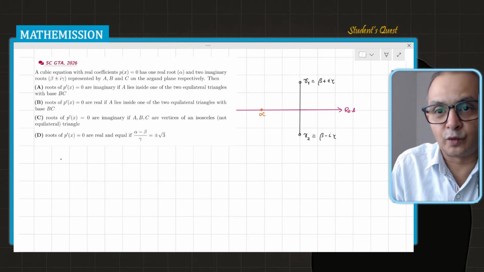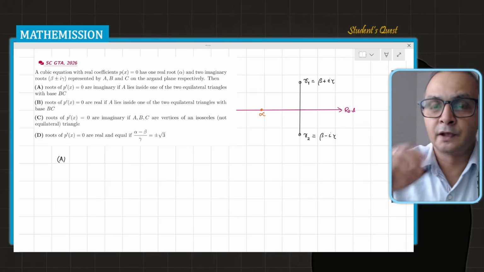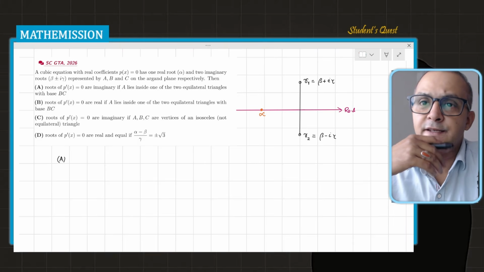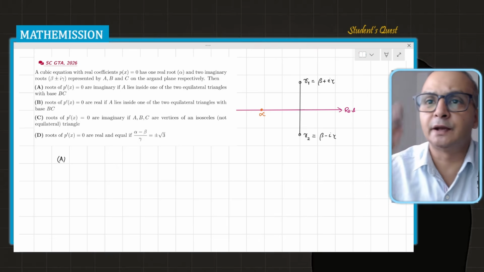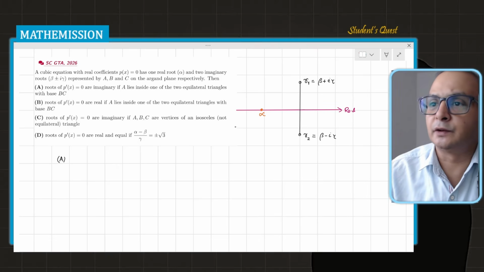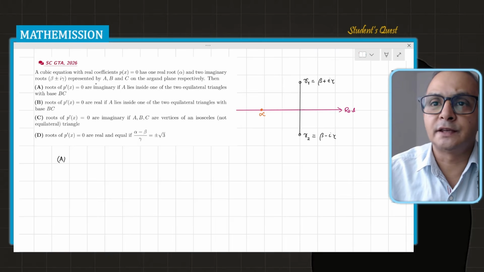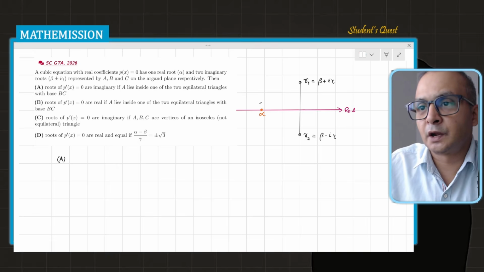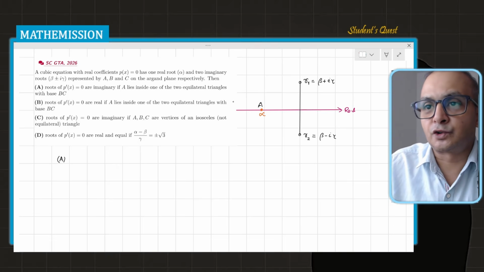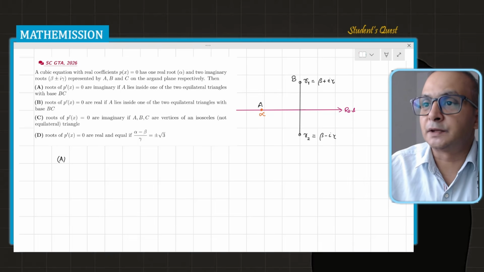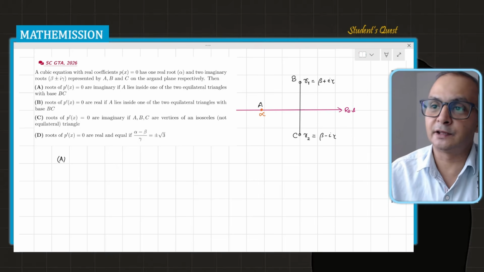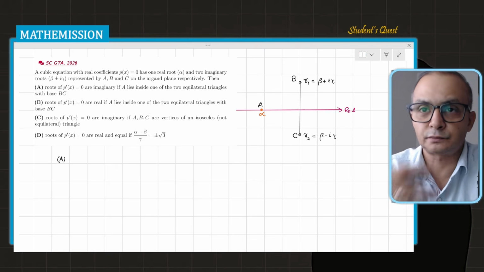The first part of what they're asking is: roots of p dash x equal to 0 are imaginary if A lies, what is A by the way, A, B, C are on the Argand plane. So what is A here? The roots are, so A is the first root, that is alpha, respectively they are saying. Let's say this beta plus iota gamma is B, and this is C. So A, B, C are the locations of these roots.